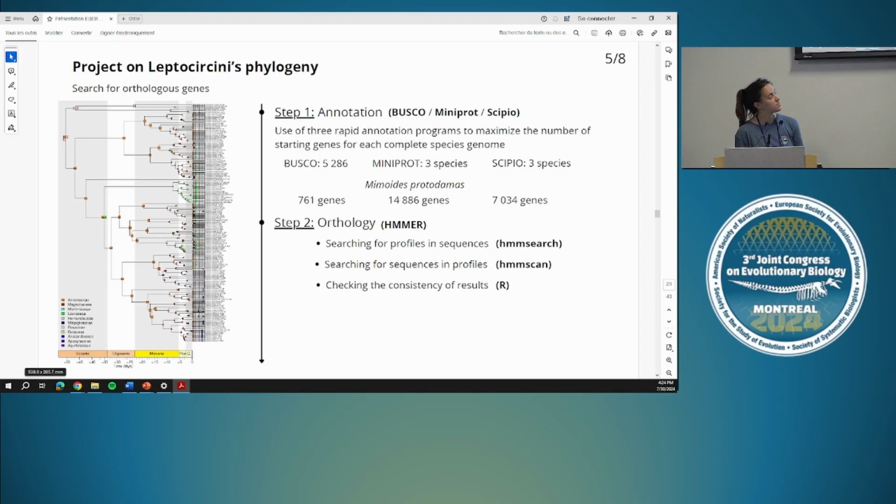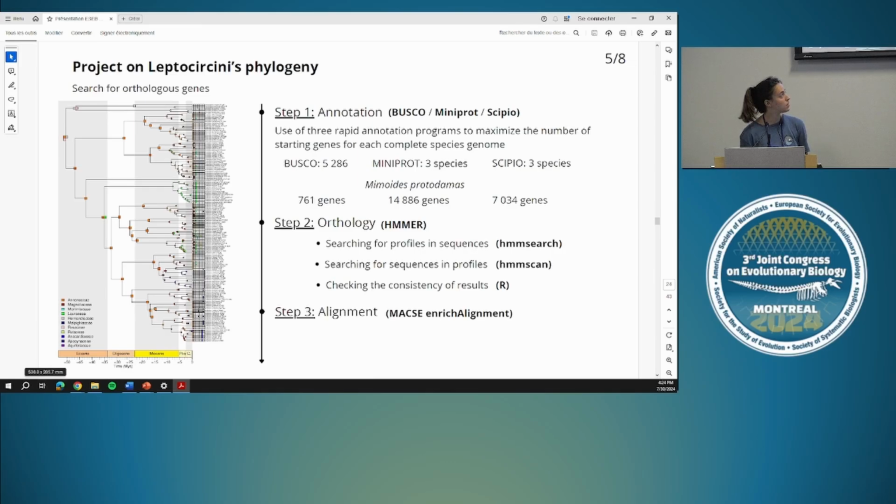Then I searched for the orthologous genes of each Leptocercini species on the basis of our Papilionidae orthologous genes library. To do this, we used several programs which search for reciprocal correspondence between the sequences of the annotated genes of the Leptocercini species and the profiles of the orthologous genes of our library.